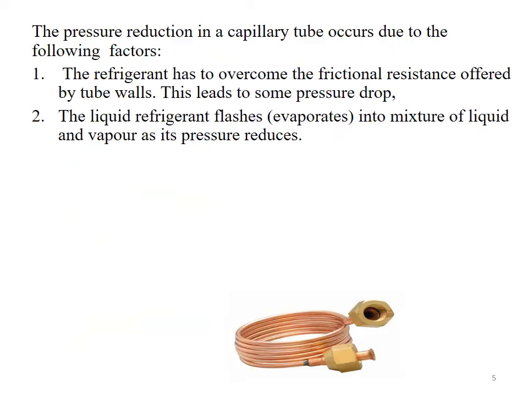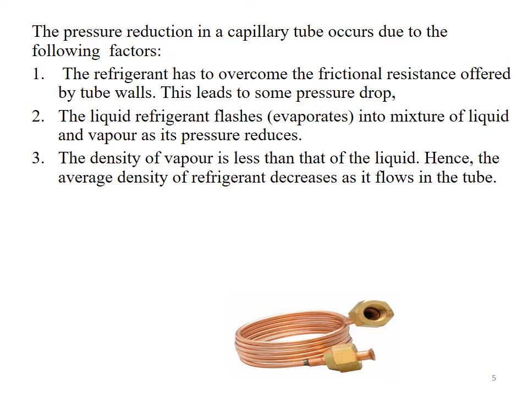Capillary tubes are connected between the low pressure side and high pressure side of the refrigeration system. Refrigerant, while flowing through the tube, has to overcome the frictional resistance offered by the tube, due to which pressure drop takes place. Liquid refrigerant converts into partial vapor, partial liquid as its pressure reduces.